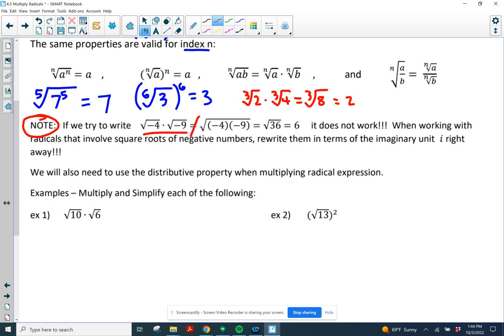That's not equal. It does not work. When you're working with radicals that involve square roots of negatives, you're going to first rewrite them in terms of i. You're going to bring the negative out as an i. We'll see that as we get into some examples. All right. We might also need the distributive property. We're going to see that in a little bit. So let's jump into the examples.